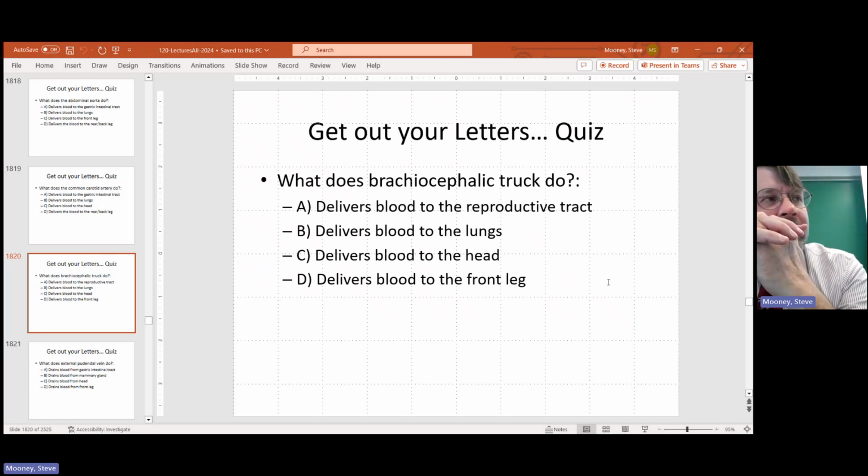Brachial means what? Wrist? Forearm? Cephalic means what? Head. So C and D would be the proper answers. Either one of those.